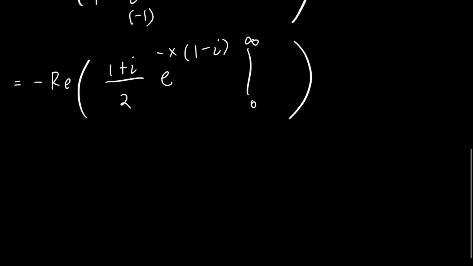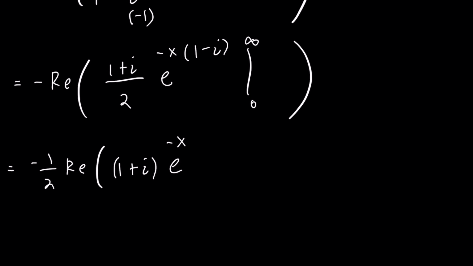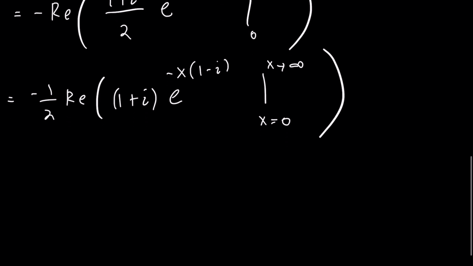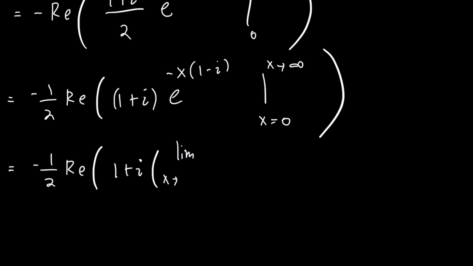We could bring down the 1/2, and we have negative 1/2, the real part of 1 plus i e to the minus x times 1 minus i, where x equals 0 and x approaches infinity, is equal to negative 1/2, the real part of 1 plus i times the limit as x approaches infinity of e to the minus x times 1 minus i minus e to the 0.